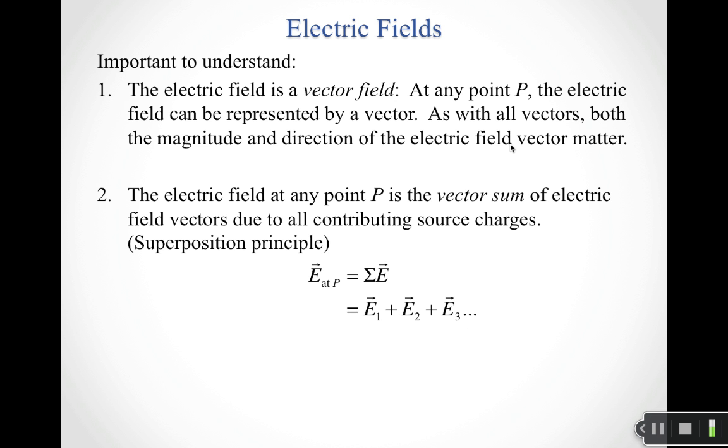We're going to focus on situations where we have multiple point charges, but we'll see that it's not any different if you have continuous distributions of charge. You just have to add together the contribution to the electric field from all the charge smeared out over your particular source charge. All right, so this is the idea that we're going to spend the next couple of days in class working with. It's the electric field.